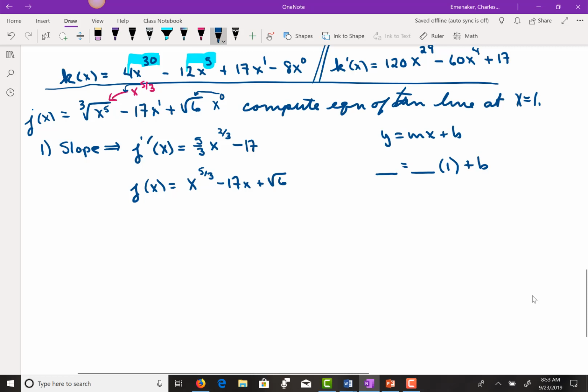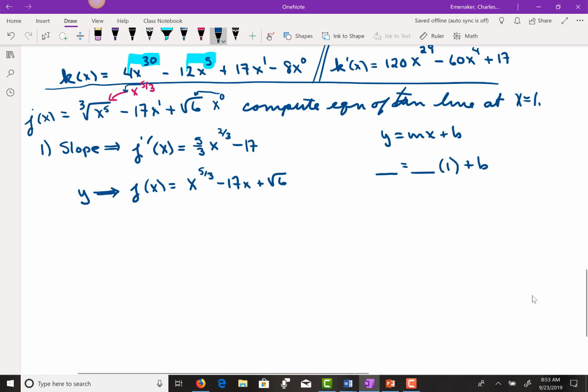Where do we go to get the value of y? Which equation do we use to get the value of y? The original. The original is going to give us our y value. Does that make sense to everybody? So you got to keep them labeled. How are we going to get a value for y out of that?